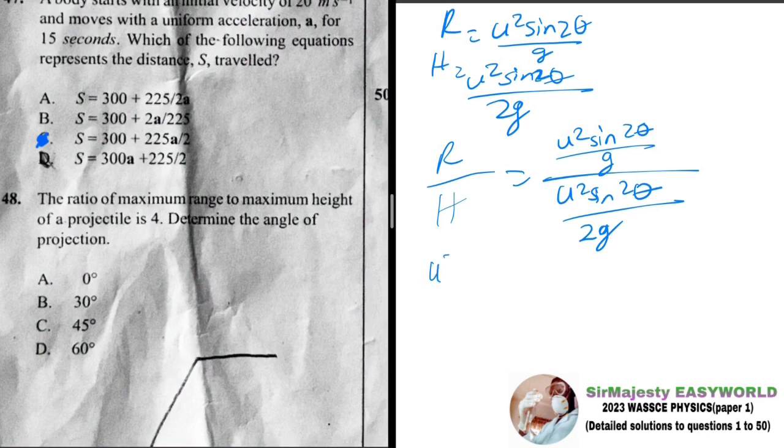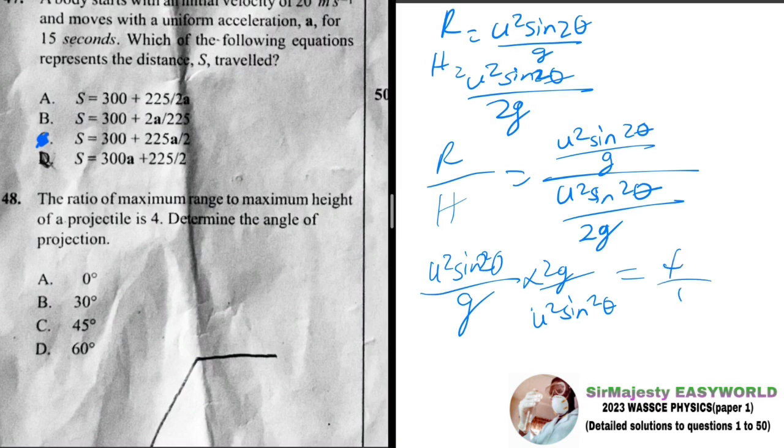So we're going to switch both sides of the equation together. We're going to turn over this fraction because it's division. So that will be u square 2g over u square sine square theta is equal to 4 over 1. So this u square will cancel this u square, this g will cancel this g.